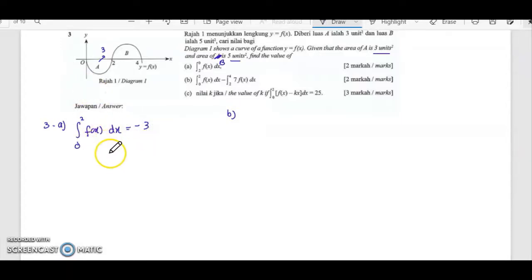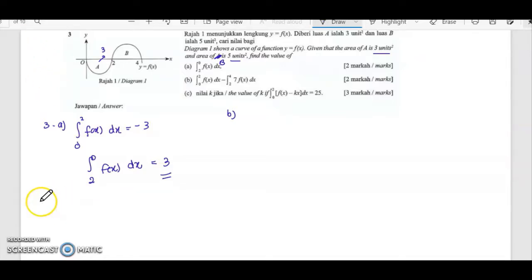Okay. So, now, question ask you 2 to 0. Kita ada formula dia, bila tukar limit daripada negatif akan jadi positif, daripada positif akan jadi negatif. So, the answer ialah jawapan dia dah 3 lah.